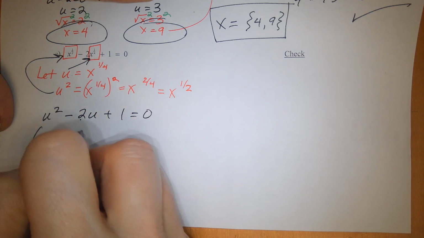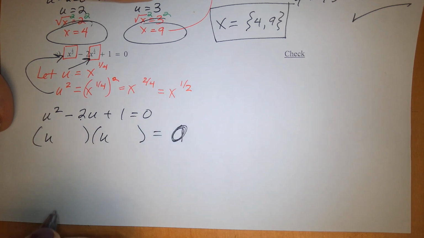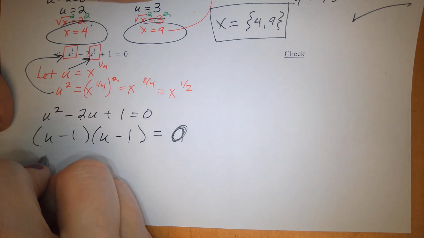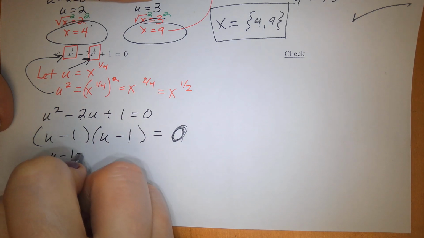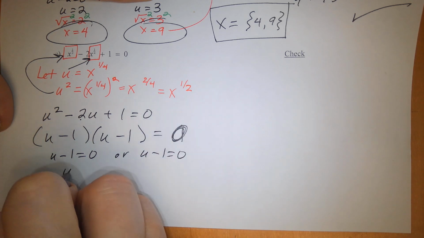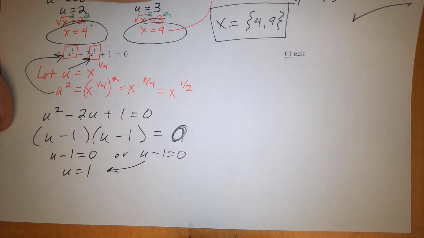Then we can factor. So we're going to put -1 and -1 in there. So you could see u minus 1 is 0, or u minus 1 is 0, which results in the same answer of u equals 1. They both result in the same answer. Of course, we never state the answer of u equals something.